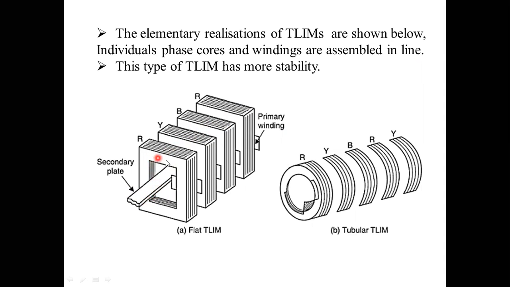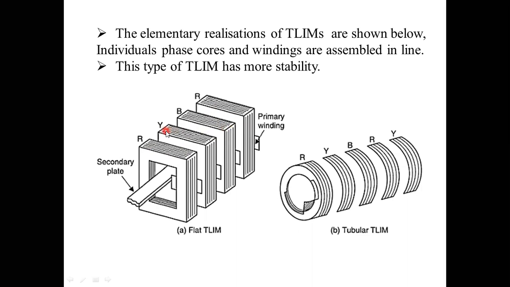Within the center of the primary, the secondary plate moves. That is aluminum. These are the individual phase cores. The first is one phase core, then the second, and another for the third phase. Again, it continues: R, Y, B, R dash, Y dash, and B dash, like that.